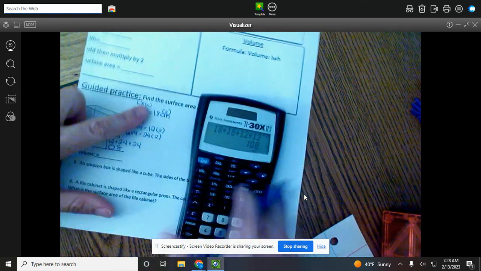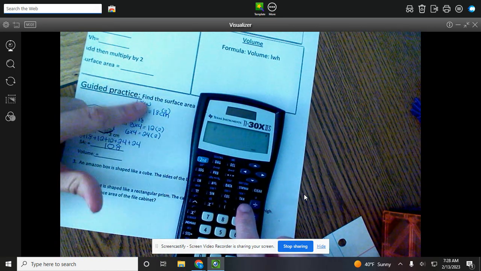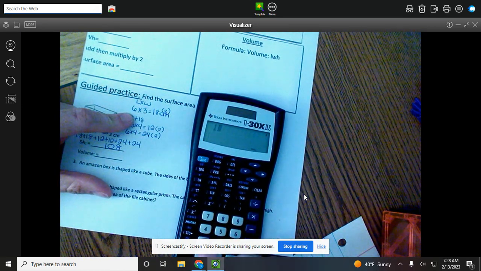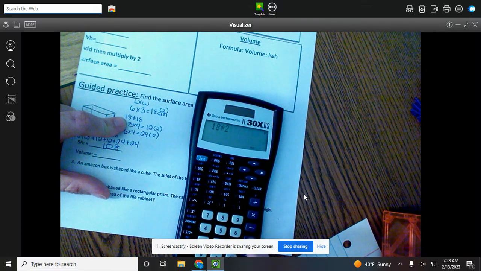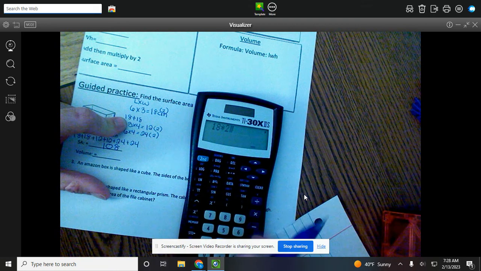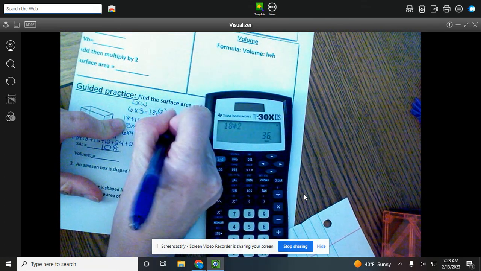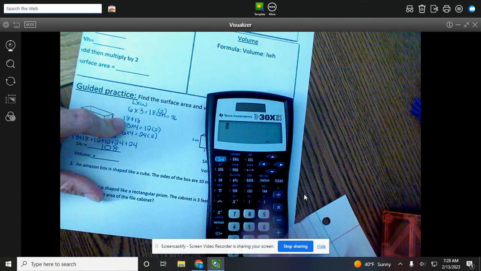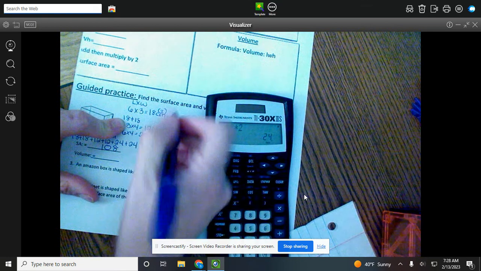Now, if you wanted to not add but multiply the sides, you can do 18 times 2, and then that gives you 36. 12 times 2 gives you 24.